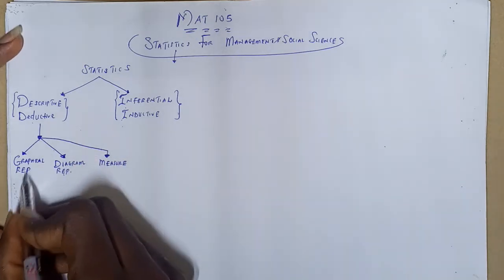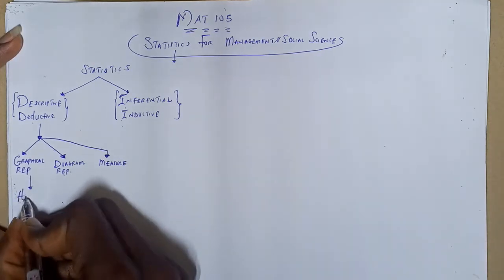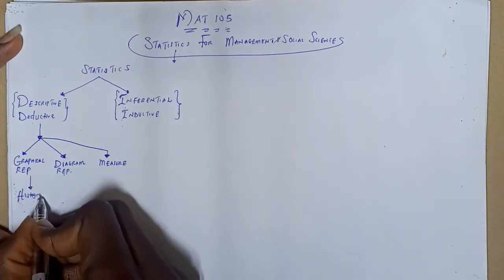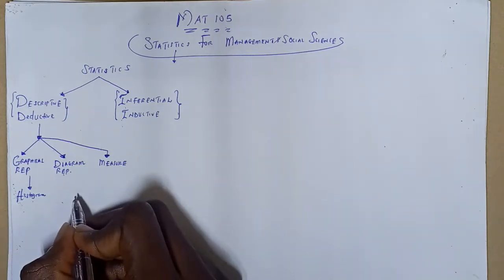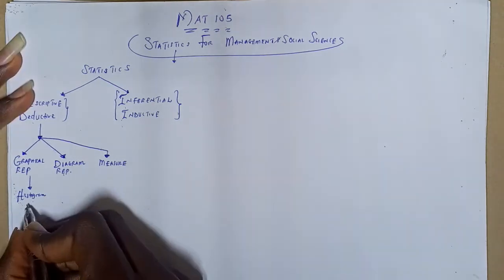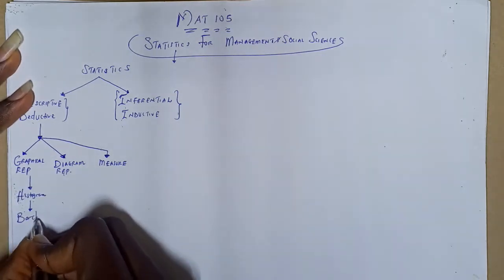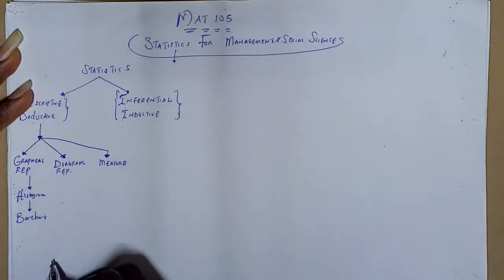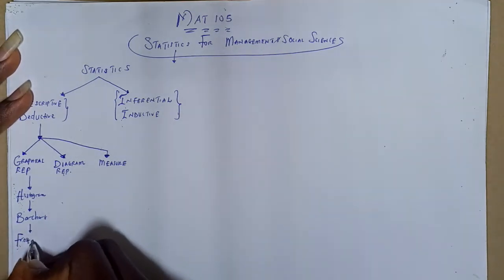So for this graphical representation, that is where we have the histogram. If you want to draw a histogram, you will surely have to make use of a graph or a sketch. Whatever you have under that graphical representation is the bar chart. And we have the frequency polygon too.